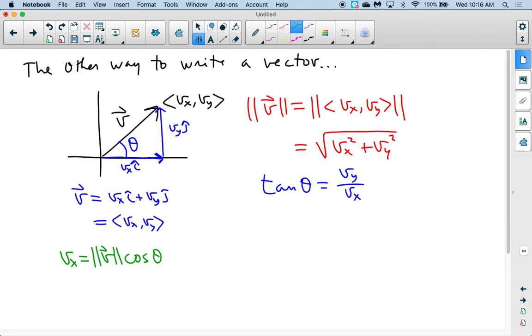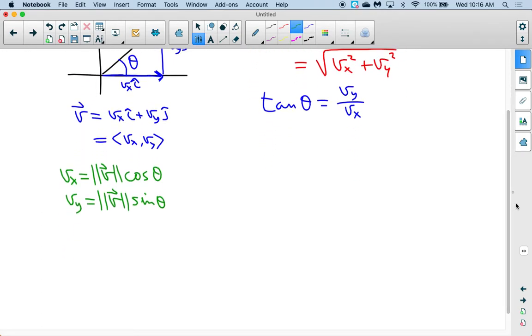And likewise, I could write Vy as the magnitude of v, what? Yeah, that's right, sine theta. Okay, so this gives me a third way to write a vector. So I could write v as being the magnitude of v cosine theta, comma, magnitude of v sine theta.